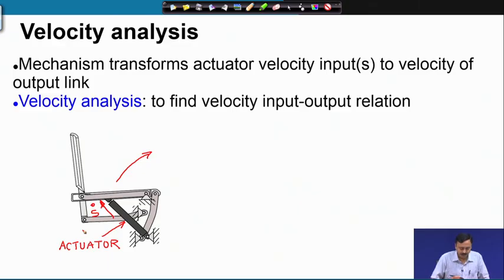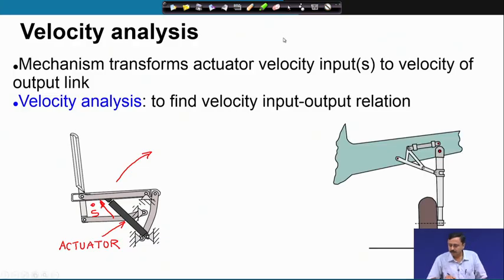Now, when the person is near the standing position, then the velocity should be less, so that he is not pushed forward. So, we need to control the rate of expansion of the prismatic actuator. Here is another example, the landing gear mechanism of an aircraft.